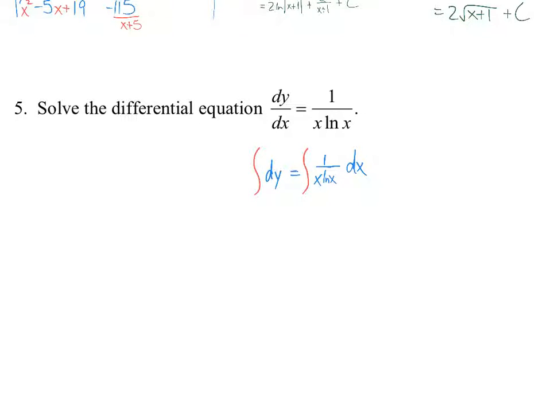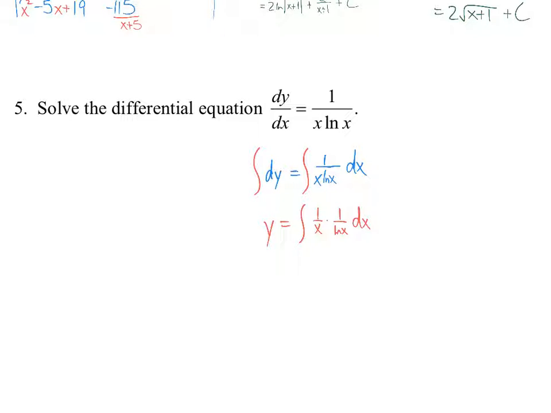And what's the integral of dy? Y. Okay? Now, the 1 over x ln of x is a little bit interesting. It may be helpful for you to see this, though, as 1 over x times 1 over ln x.